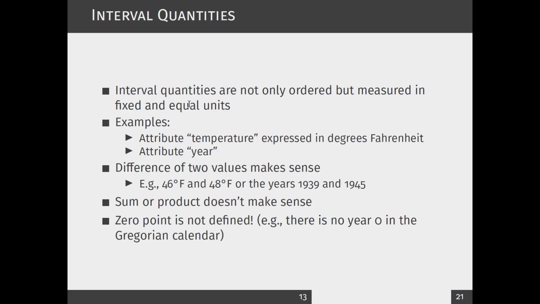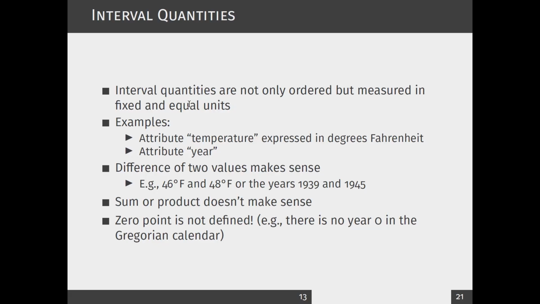But if you take a year, the difference between years might not have the same meaning. So taking the difference depends on which attributes we are going to use. For 48 degrees Fahrenheit and 46 degrees Fahrenheit, you can talk about the difference. For years, 1939 to 45, again, you can think about the difference.